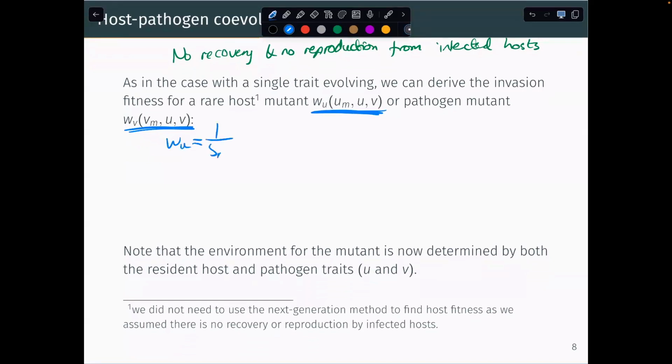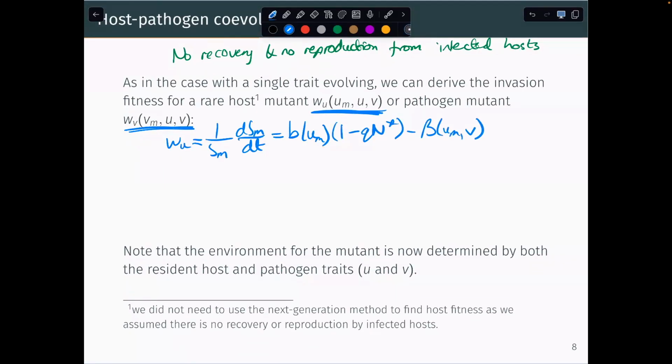In this case, it's just our per capita growth rate of a rare mutant. In our model, this is going to be B of UM times 1 minus QN star minus beta of UMV.